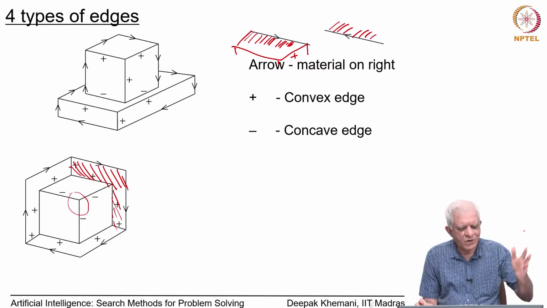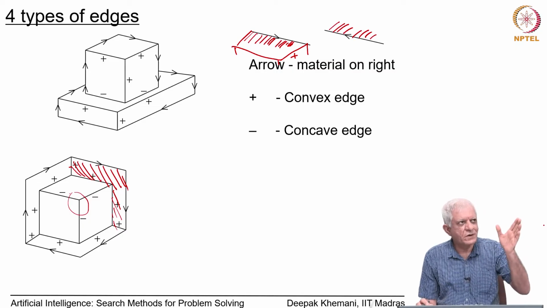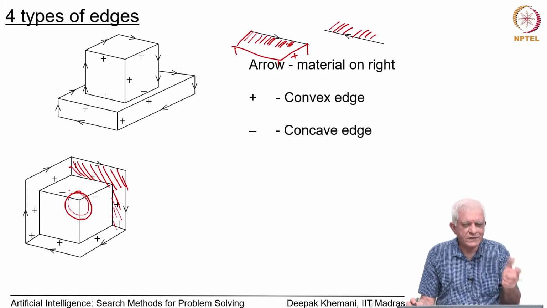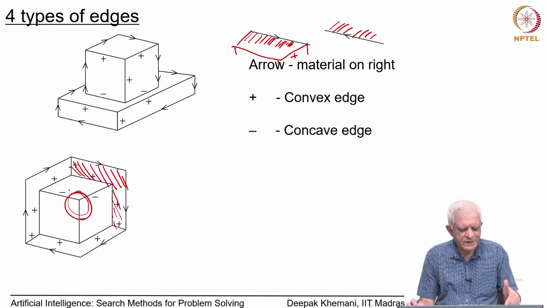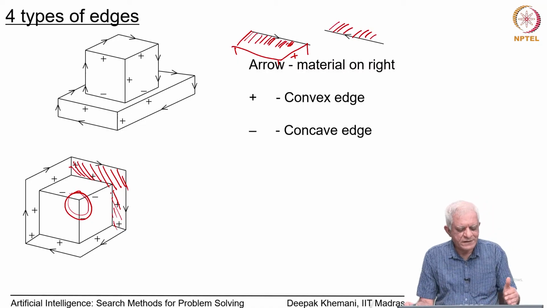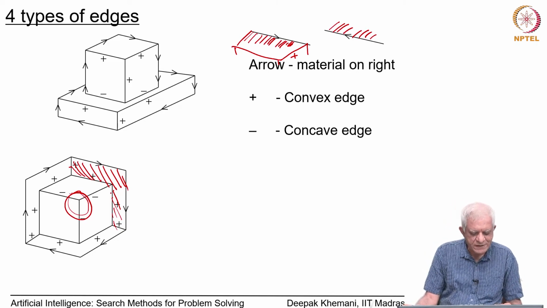It is like looking at the corner of a room from inside. So, if you are sitting in a room and you look at a corner, then this is the kind of vertex that we will see. Each of those 3 edges will be negative in nature, which means they are concave, and it is like sitting inside a room and seeing a cross section of the room essentially.